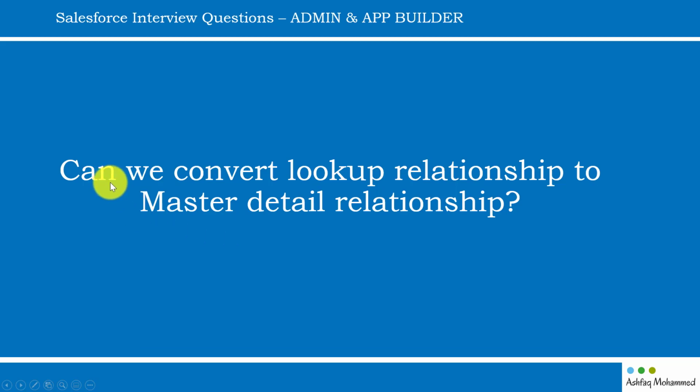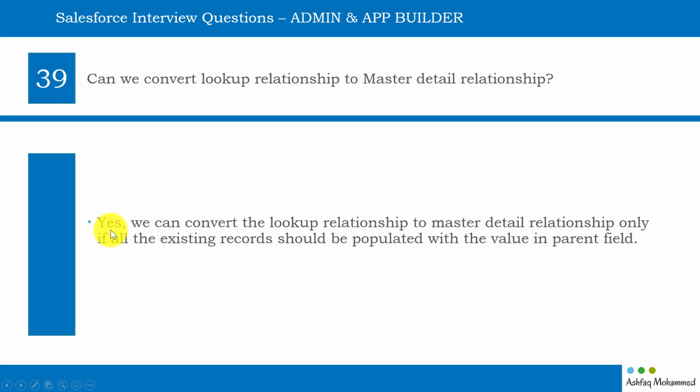But another question is, can we convert a lookup relationship to a master detail relationship? Now in my third release, I've got a requirement saying that whatever lookup relationship you created, we feel it should be a master detail. Can you do that for release 3? The answer is yes.